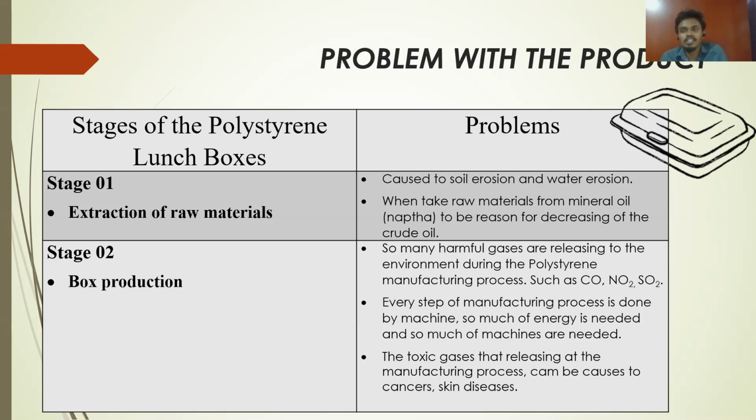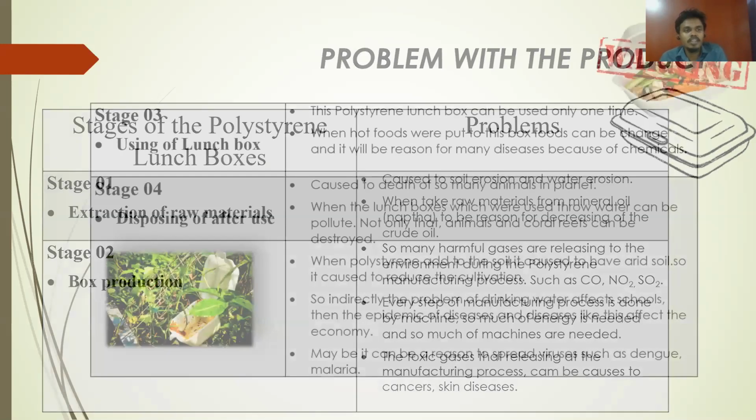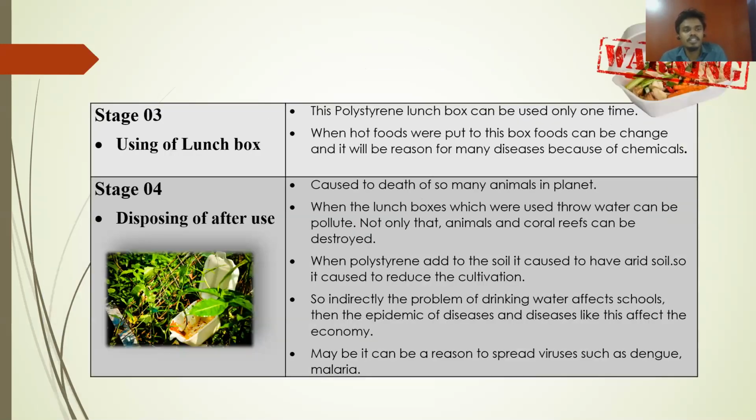Extraction of raw materials. When we look at the problems of those stages, we were able to identify that soil erosion and water erosion is the main and huge problem in the first stage, extraction of raw materials.